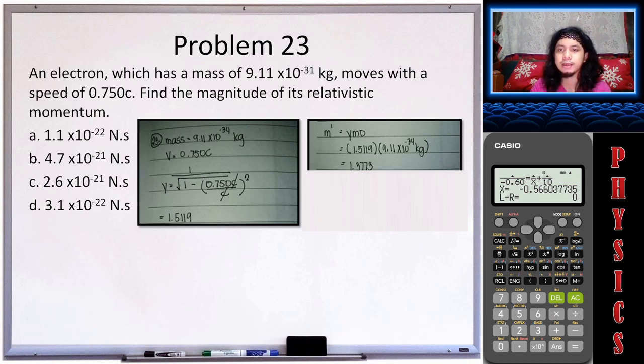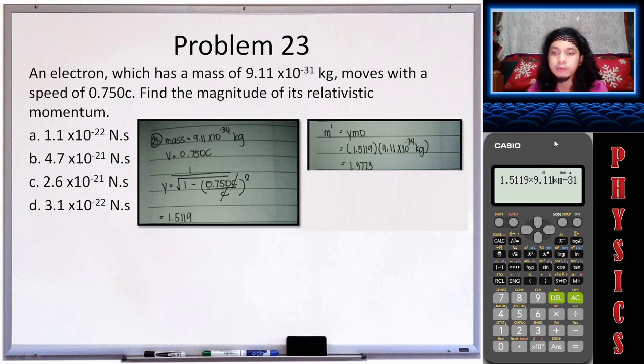Ayan nga ba yung makukuha natin? Pindutin natin. Parang kulang yung sagot. So, we have 1.5119 times 9.11 times 10 to the negative 31. Ayan, so that's 1.36071. Oh, kulang pala tayo.